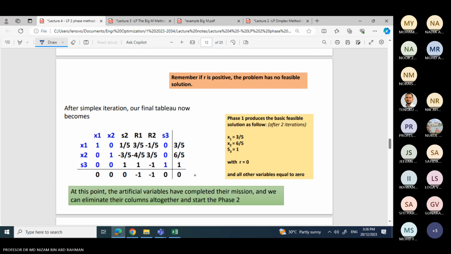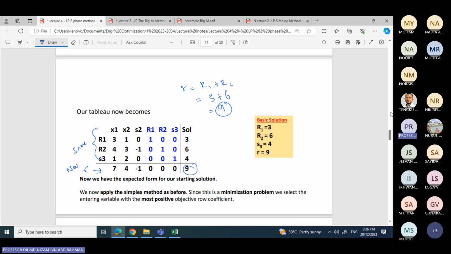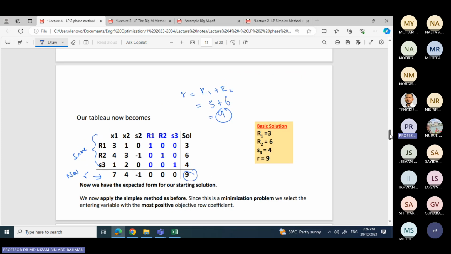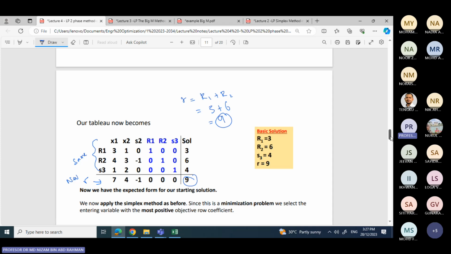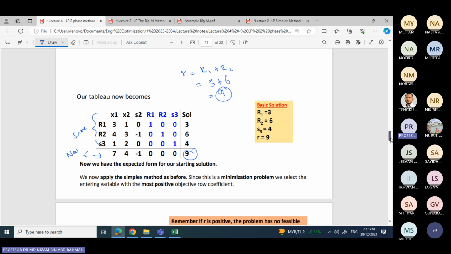I think we have done this simplex iteration a few times, so I hope that you guys are familiar with it and comfortable with it. If not, then maybe we can end our class early today.